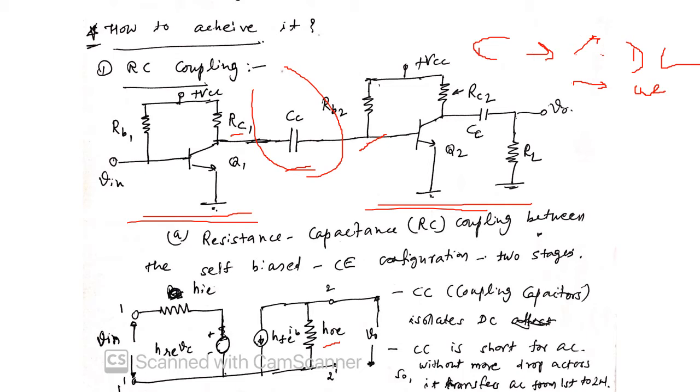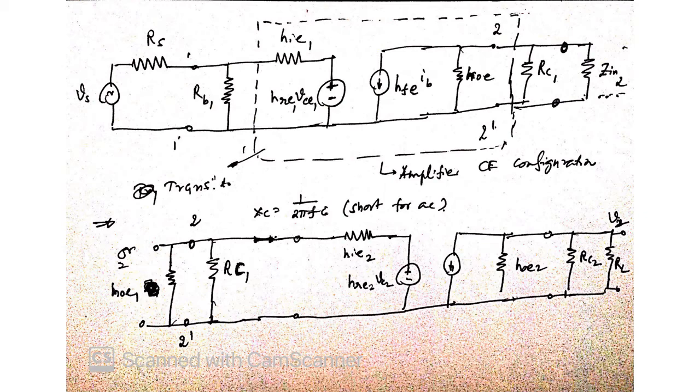Now parallel to it, from the collector terminal, RC1 is there, plus VCC. This is the AC equivalent circuit, so VCC is shorted. So plus VCC is to be kept parallel. This terminal is grounded with respect to AC. So RC is there and C is there. Let's see how the circuit will be.